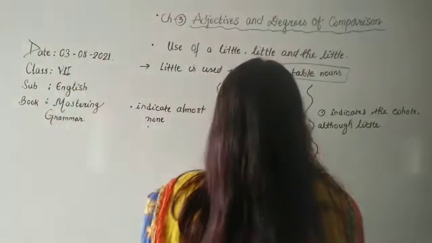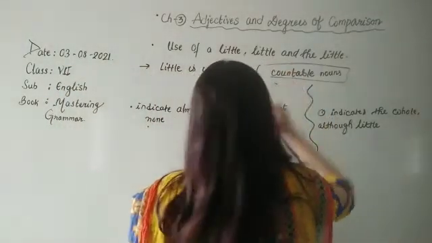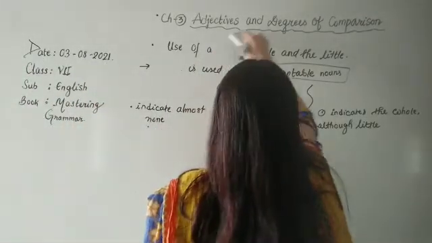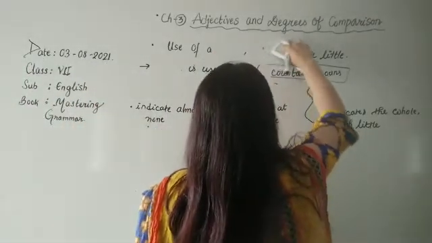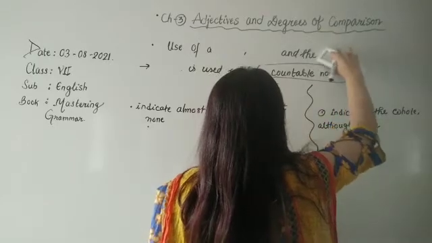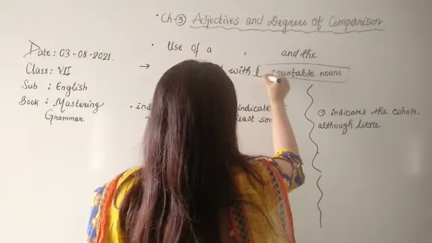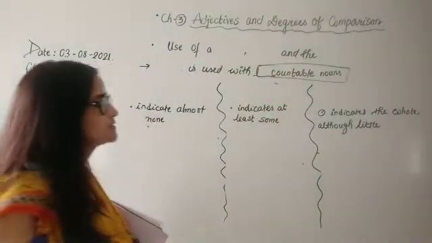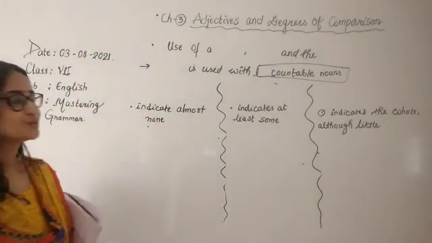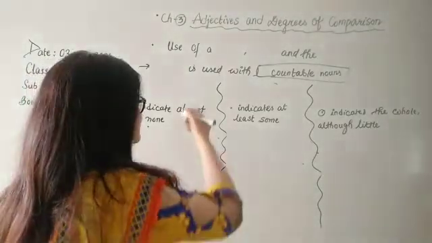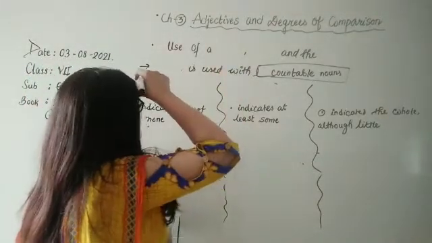Here you can see we are using this few. See how it changes. This will be used for countable nouns. Like little we were using for what? We were using for uncountable nouns. But this one we are going to use for countable nouns.